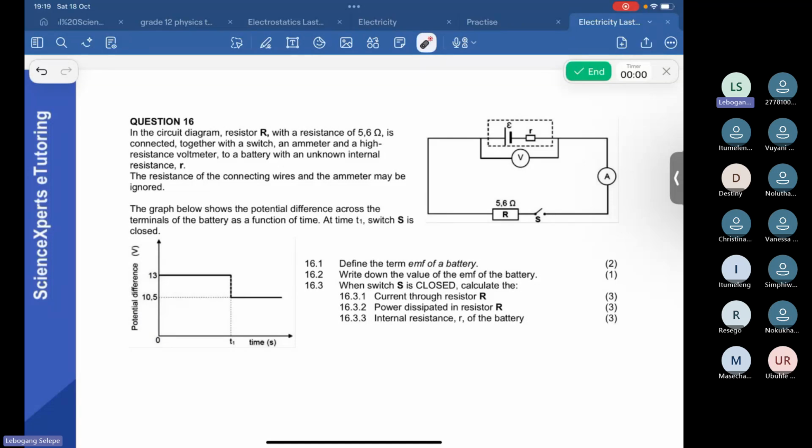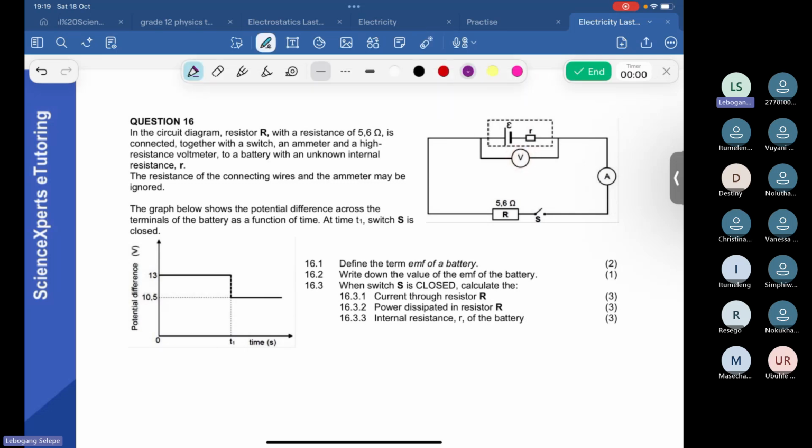The graph below shows the potential difference across the terminals of the battery as a function of time. At time T1, they closed the switch S. All along it was open, then they closed it, then the value decreased from 13 to 10,5. Before T1 the switch was open, so current was not flowing, and the voltmeter was registering the EMF.